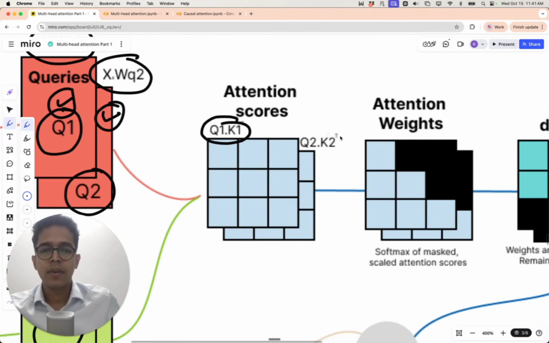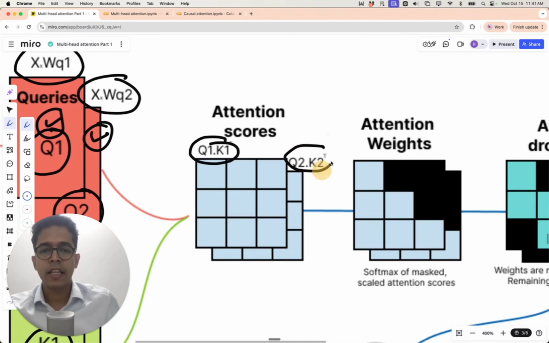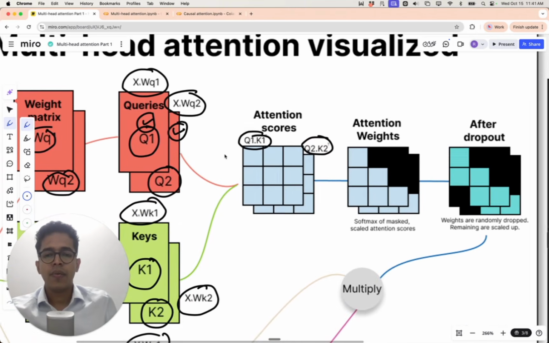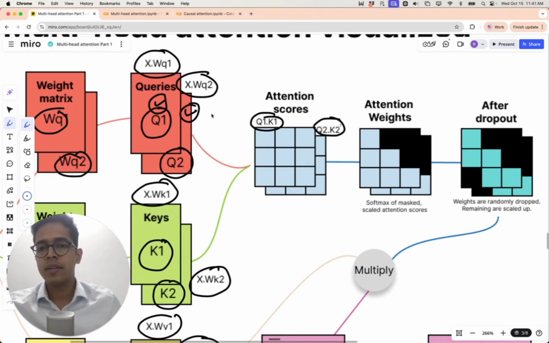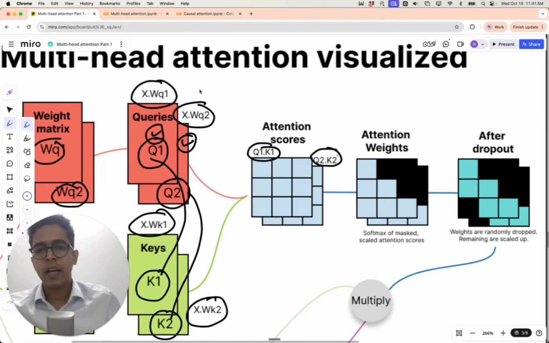And this is Q2 dot K2 transpose. So we are taking again the dot product between query and key, such that Q1 is taken with K1, Q2 with K2, and whatever is the result of this dot product, it will be a matrix of what dimension? 5 by 5. I have drawn here as 3 by 3 just to save some space.